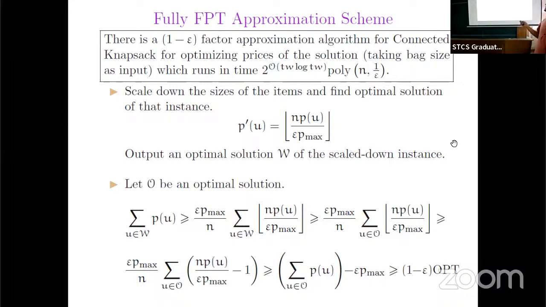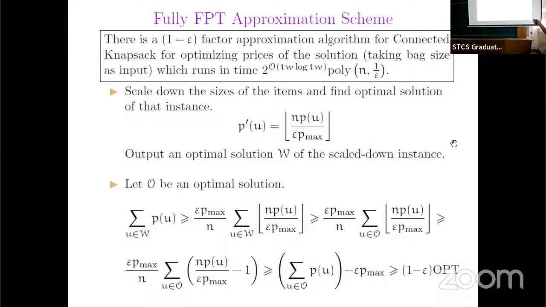So what you do is you scale down the numbers. I divide each price by epsilon p max by n, and then take the floor so that it's an integer. That's important. In the scaled down instance, you run the pseudo polynomial algorithm. For this instance, the algorithm is polynomial.